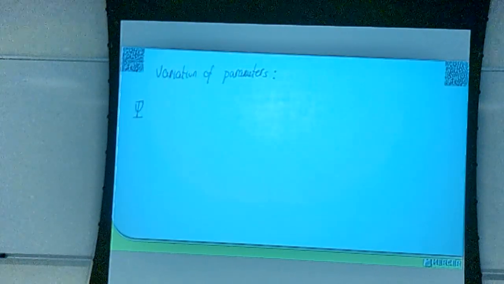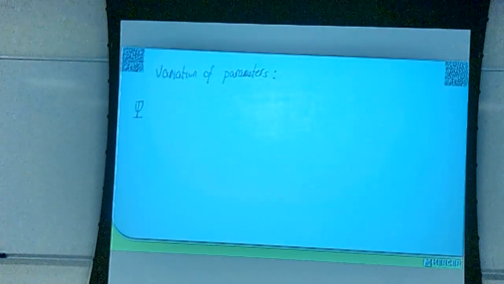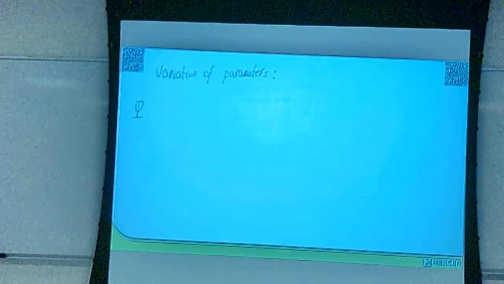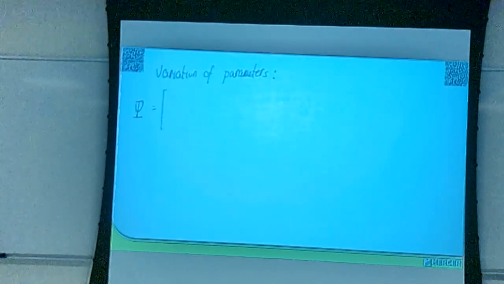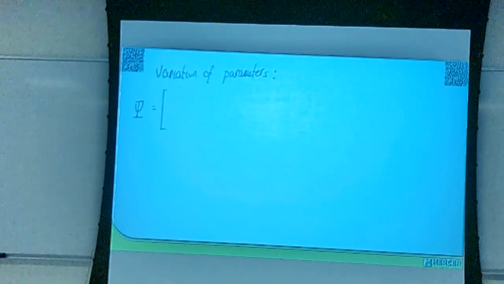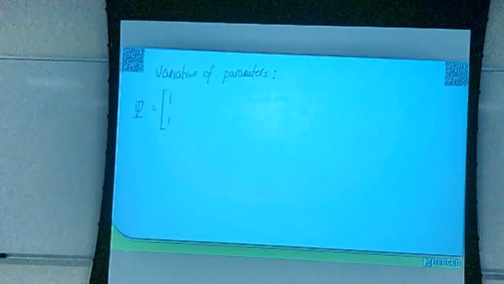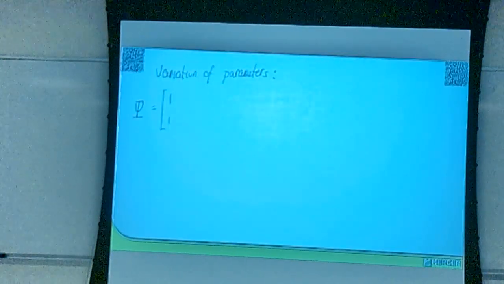So I'll just go with what I was going to do originally, just use variation of parameters. Form your fundamental matrix. First column is x1. Second column is x2.